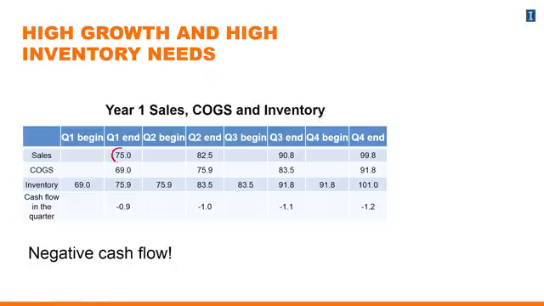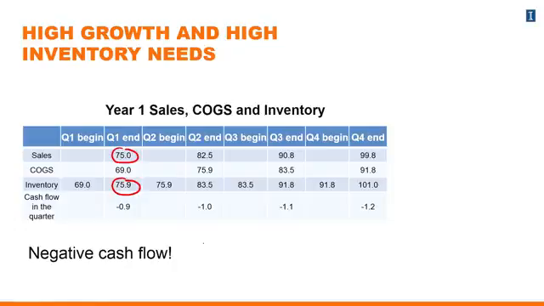So at the end of quarter one, you're selling 75, but you have to buy the goods that you're going to sell next quarter, because your growth rate is so high. The amount of inventory that PSI has to buy every quarter end is actually larger than the amount that you're selling at that period.